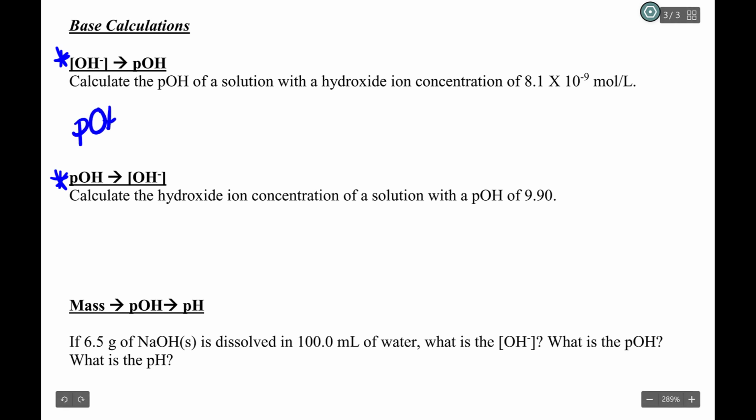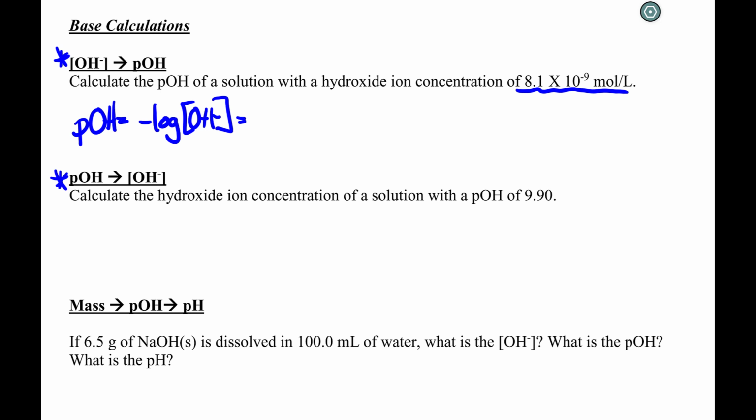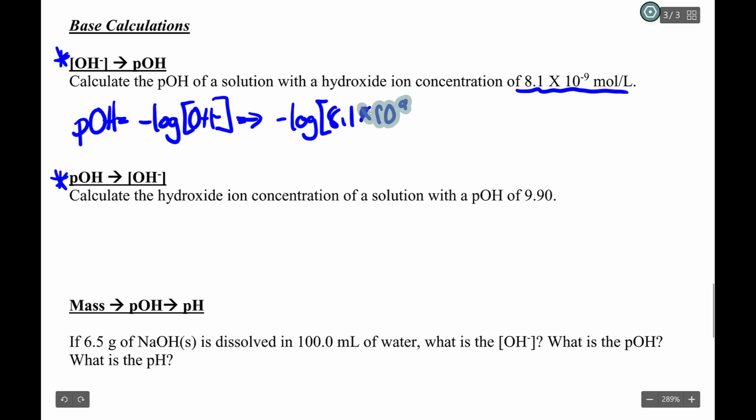Now pOH is equal to the negative log of the hydroxide ion concentration. So in this question, it's 8.1 times 10 to the negative 9. We're going to plug that in. So this is going to equal the negative log of 8.1 times 10 to the negative 9 moles per liter.